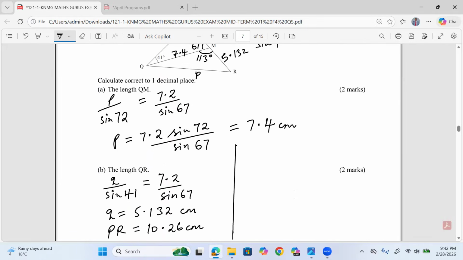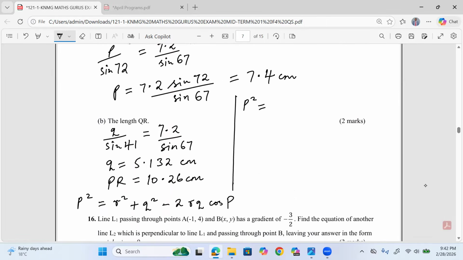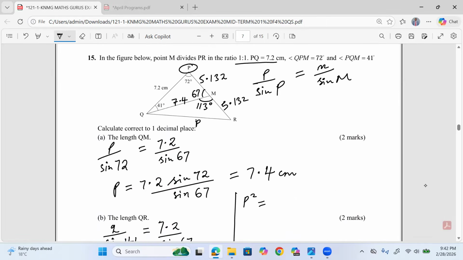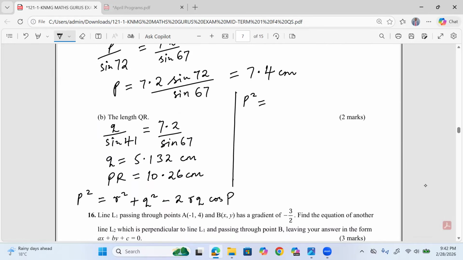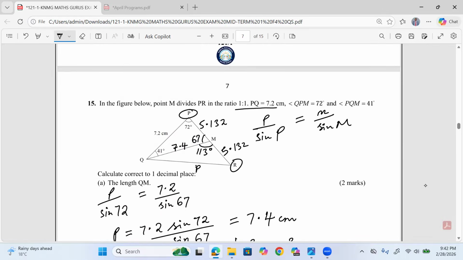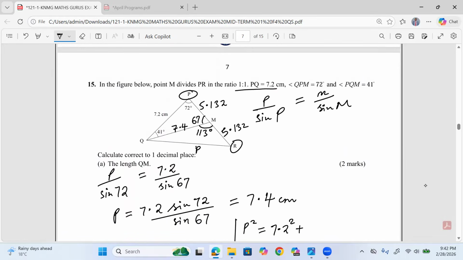So p squared, unknown, equals r squared. R, the angle is here, the opposite length is now 7.2 squared, plus q squared.